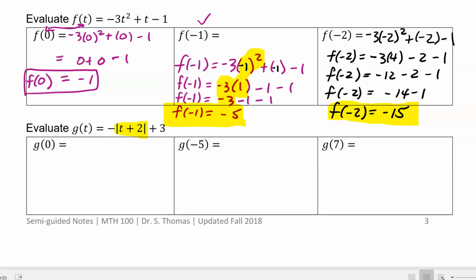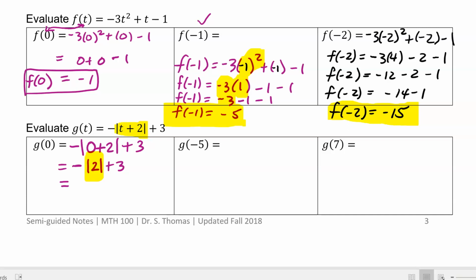We're going to substitute our t for a 0. So we have 0 plus 2 in absolute value signs, plus 3. Then we have a negative. 0 plus 2 is 2, so I still have the absolute value there. But what is the absolute value of 2? The absolute value of 2 is positive 2. It's already positive 2 there.